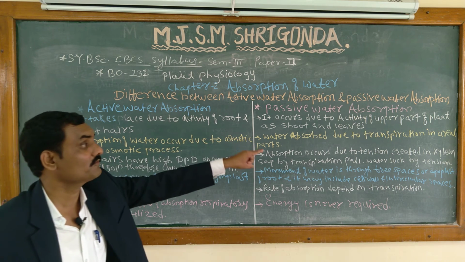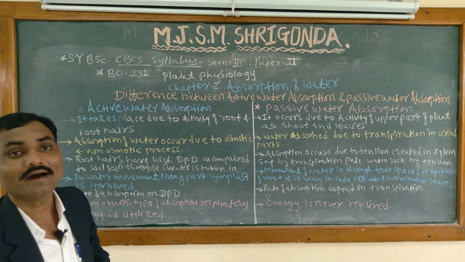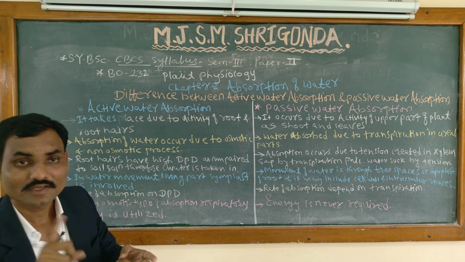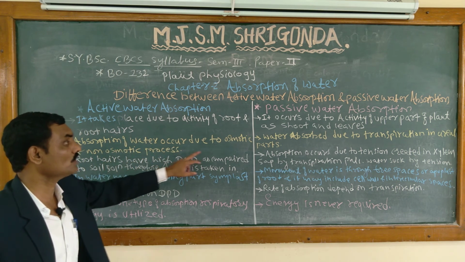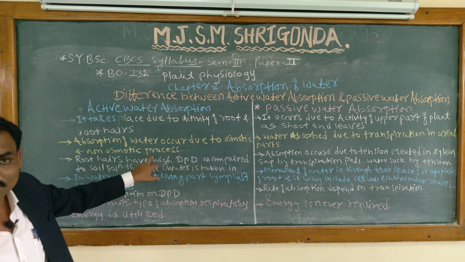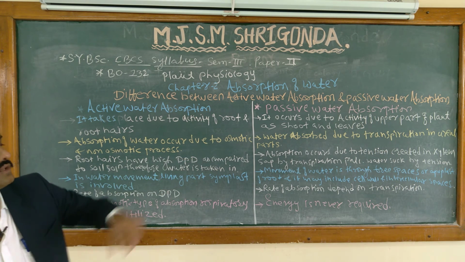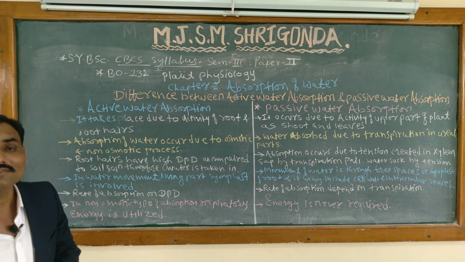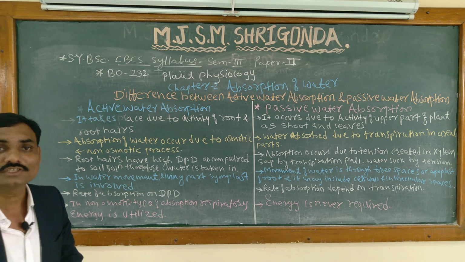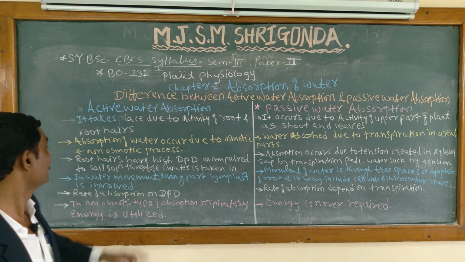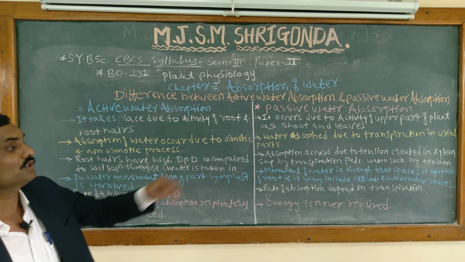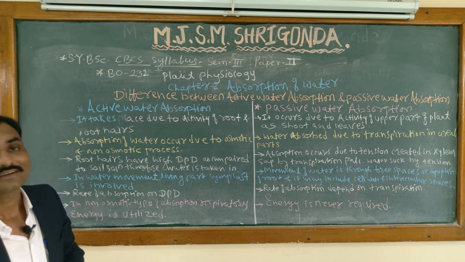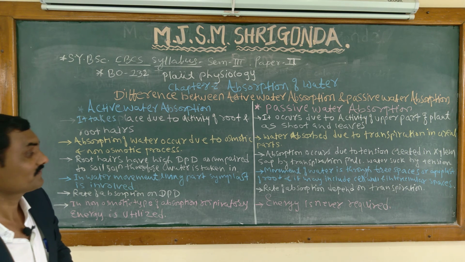Passive water absorption takes place due to the upper parts: shoot, leaf, inflorescence, flower. Absorption of water occurs through osmotic and non-osmotic processes. Water is absorbed due to transpiration in aerial parts. The root hairs have high DPD. In passive absorption, it occurs due to tension created in xylem cells.